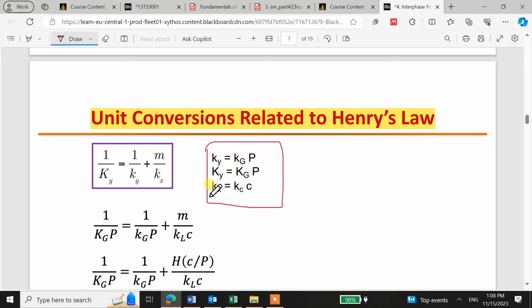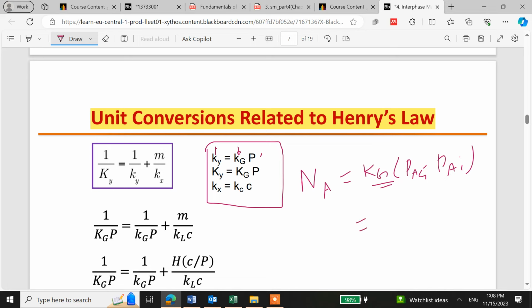If you know kg and you want to know ky, what will you do? You will multiply with the pressure, because of the unit. Flux equals kg times (pAG minus pAI), so kg is flux divided by pressure.